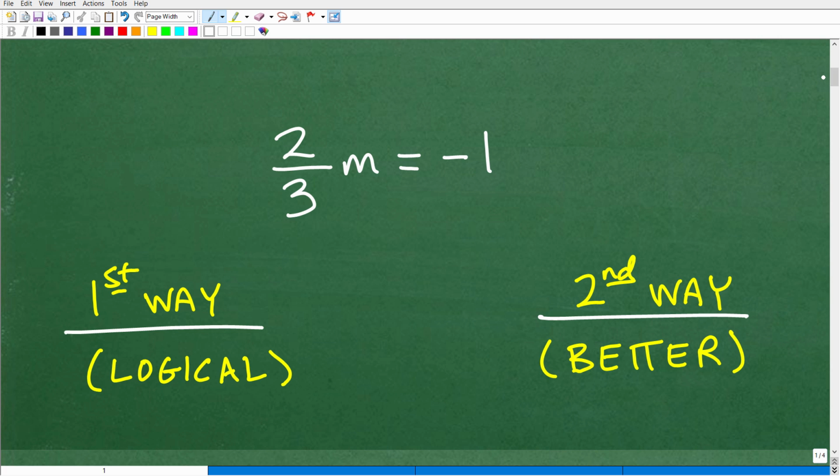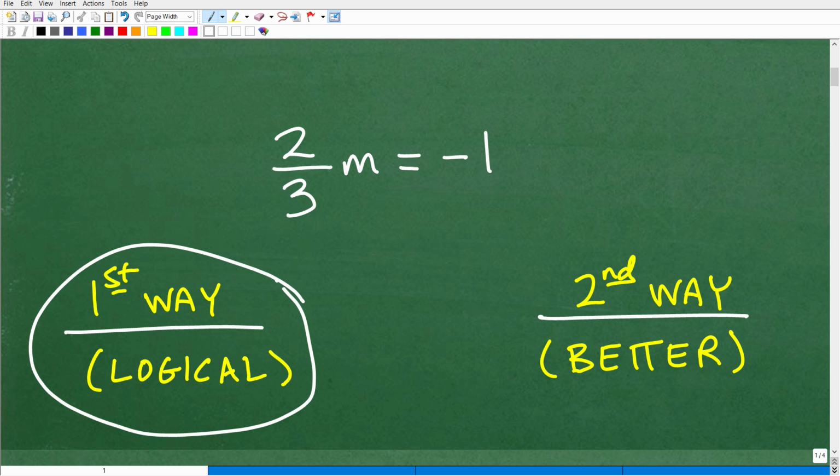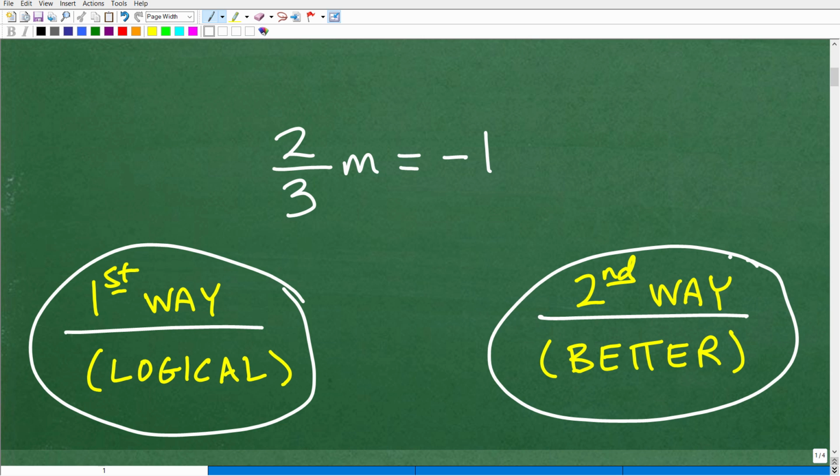So there's basically two approaches that most students think about. The first way is like a logical approach. They think about how to do a problem like this in a particular way that makes sense, it's logical. However, there is a better way to think about problems that have a fractional coefficient, equations like the ones we're talking about.